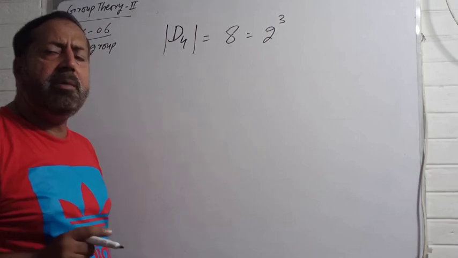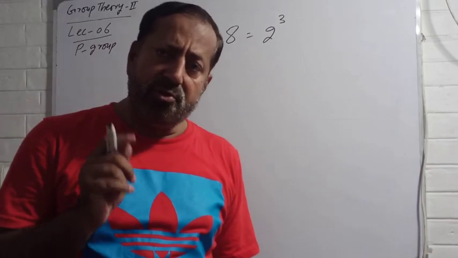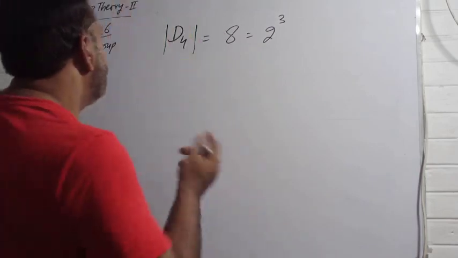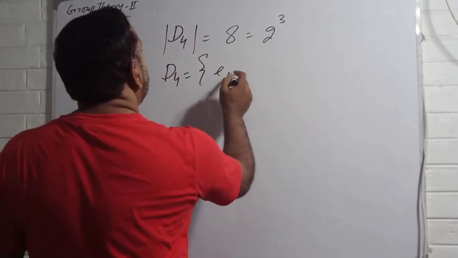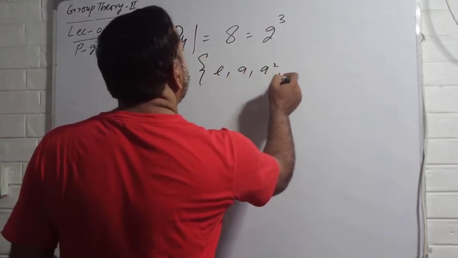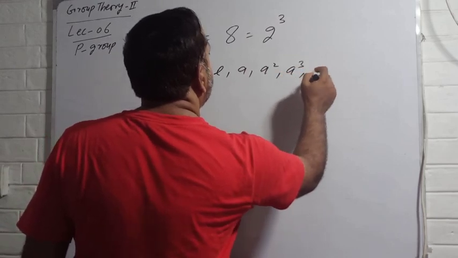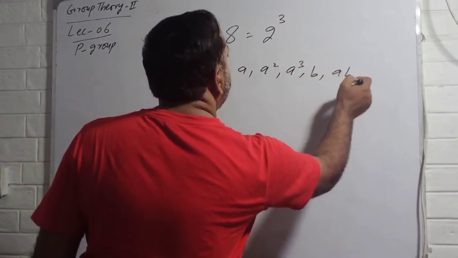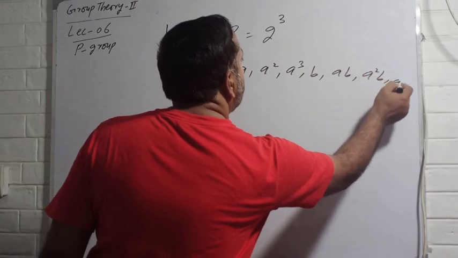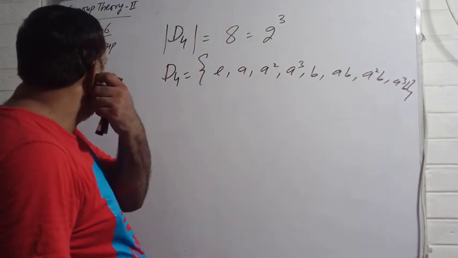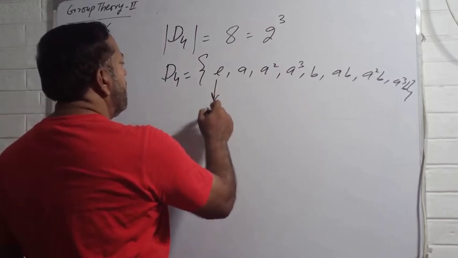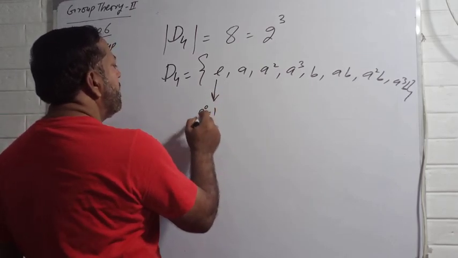You know 2 is a prime, so D4 is a 2 group, right? And you know what D4 is: D4 is E, A square, A cube, and then B, AB, A square B, A cube B. You know very well. So what is the order? The order of E is 1, which can be written as 2 power 0.